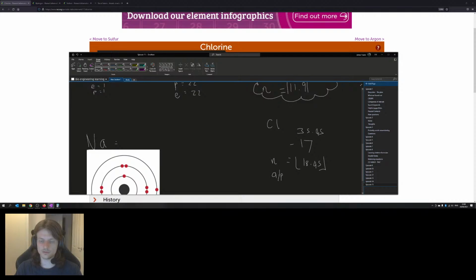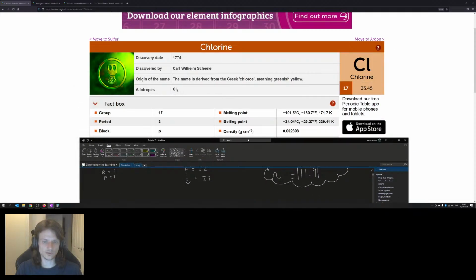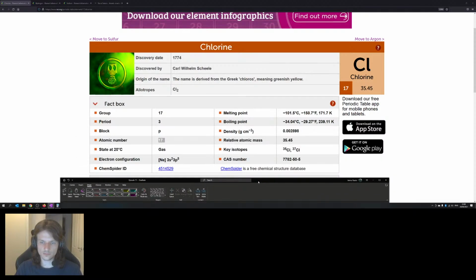Electrons and protons is 17. Okay, and then we've got the key isotopes. I wonder what key means in this. The key isotopes, so the most important? I guess so. 35 and 37.